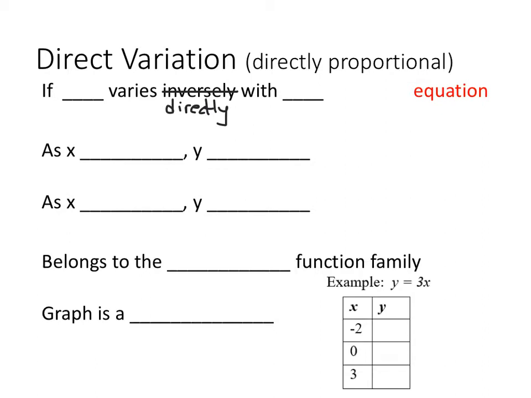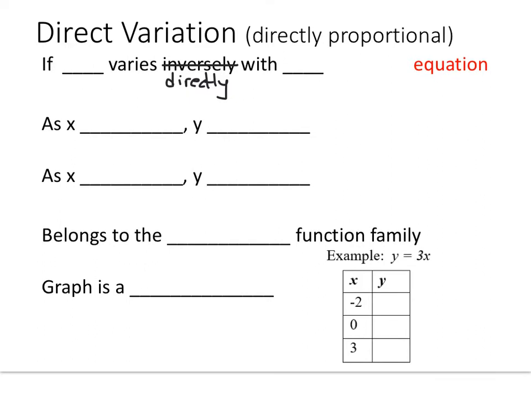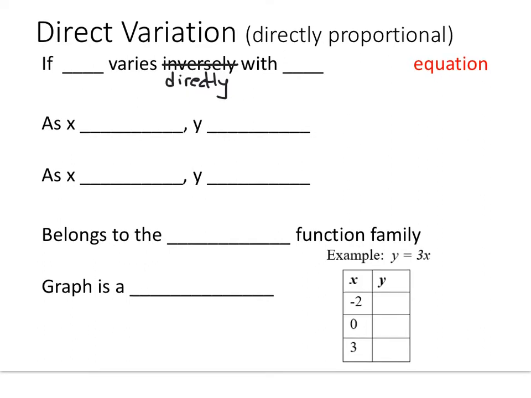All right, so if we look at a general template for what direct variation looks like, the first thing that we have for our direct variation is going to be our equation, which is y equals kx. Now, we're very familiar with y equals kx from before, and we'll take a look at this. When we look at a typical direct variation, we can describe this as what we would consider a direct proportionality.